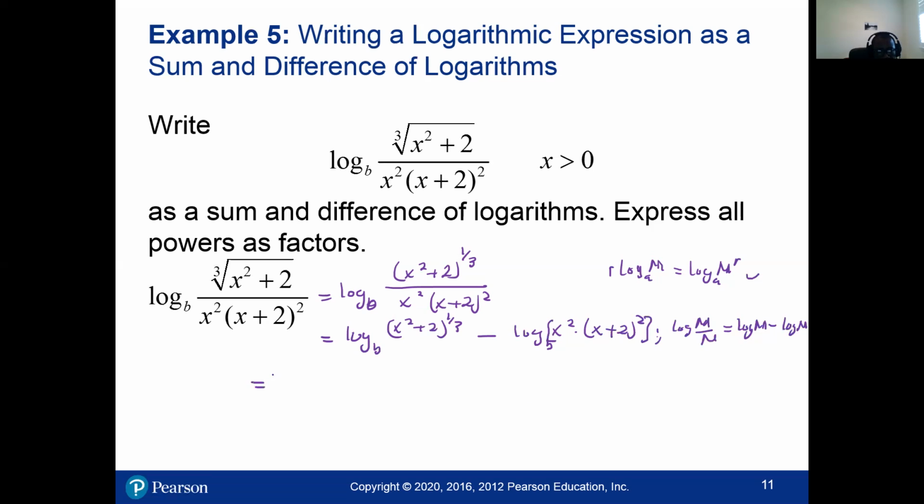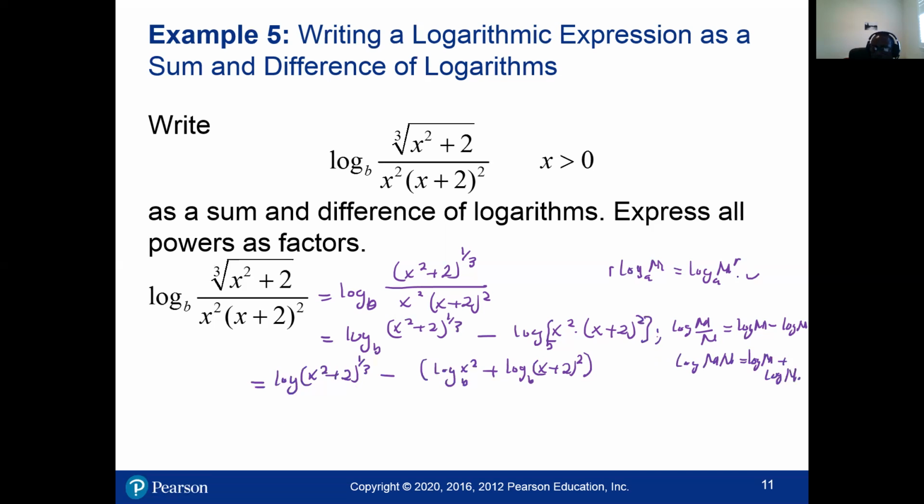So that becomes log x squared plus 2 raised to 1/3, minus, and you want to put that in parentheses, log x squared base b plus log x plus 2 all squared base b. So we use the sum: log of m times n is log m plus log n.